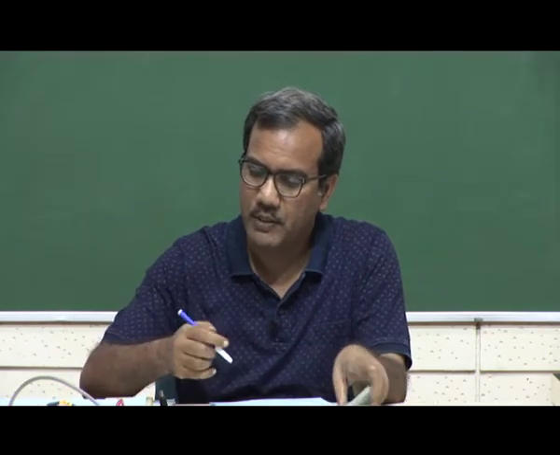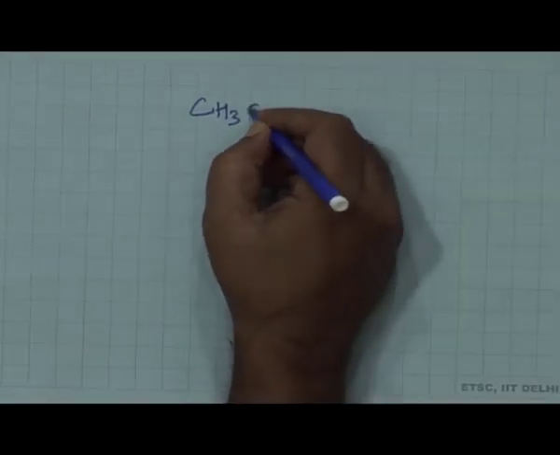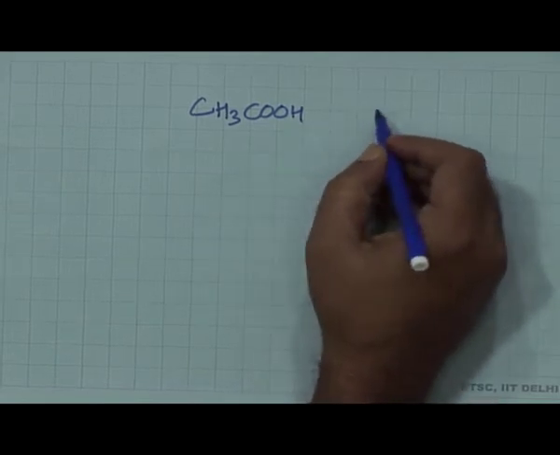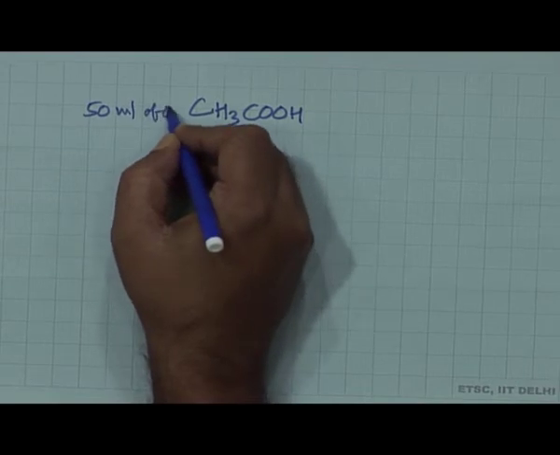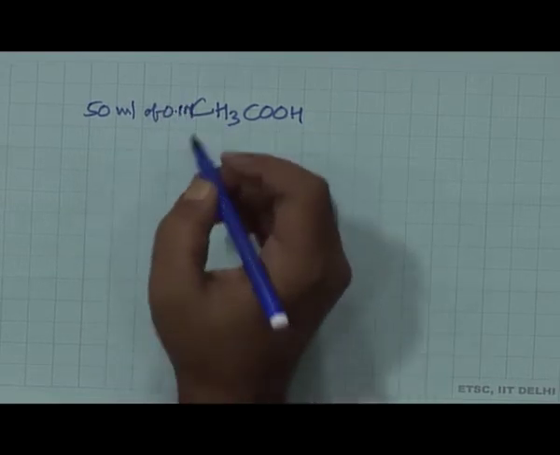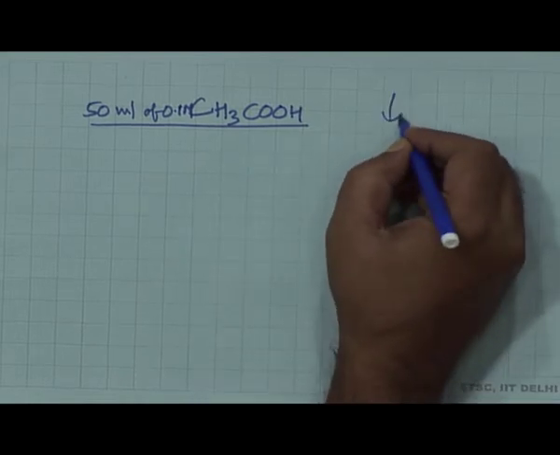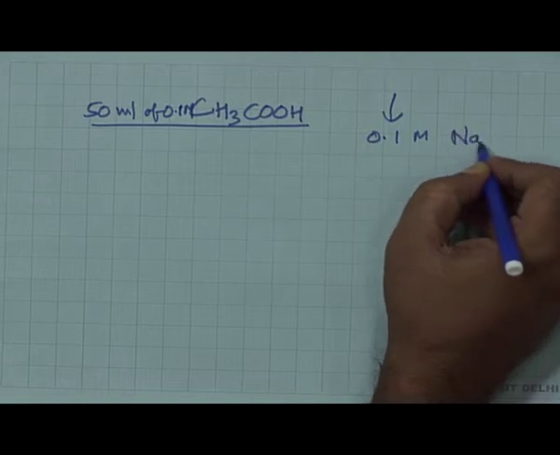For example, if we are starting with 50 ml of 0.1 molar acetic acid, and started titrating with 0.1 molar NaOH.